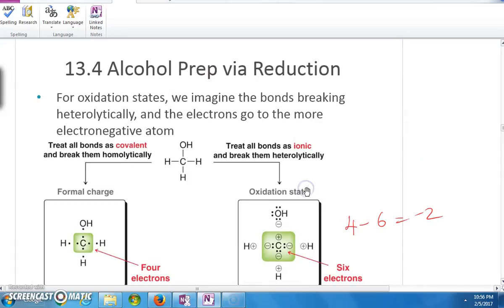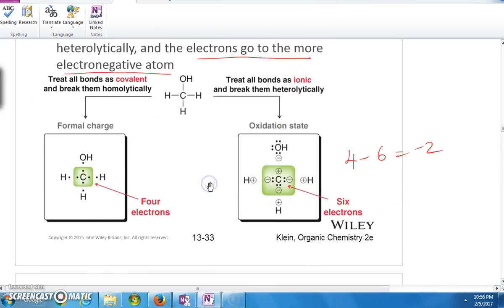Now for oxidation states, however, we imagine the bond breaking heterolytically, so that the electrons go to the more electronegative atom. In this case, because oxygen is more electronegative than carbon, and carbon is more electronegative than the hydrogens, the electrons in each C-H bond go to the carbon. So that's 1, 2, 3, 4, 5, 6.